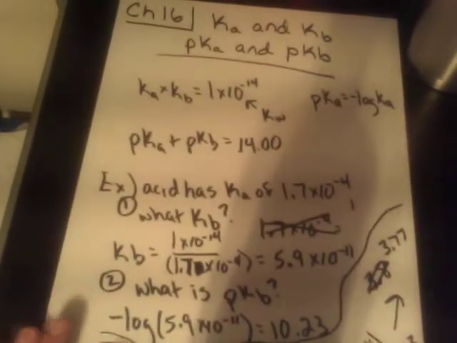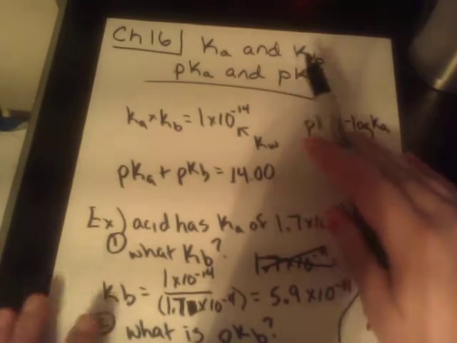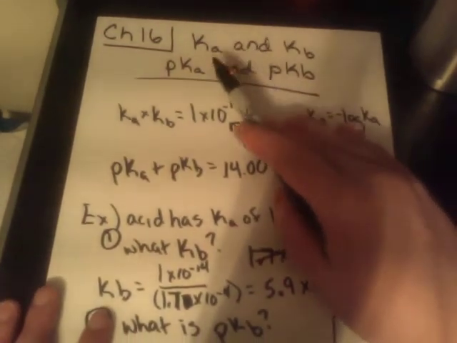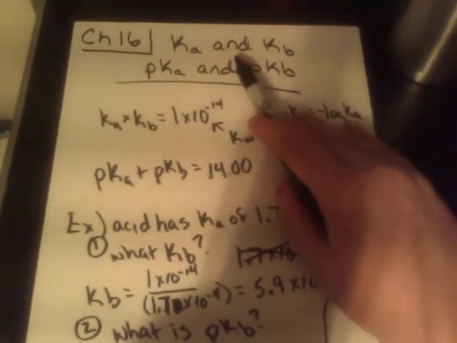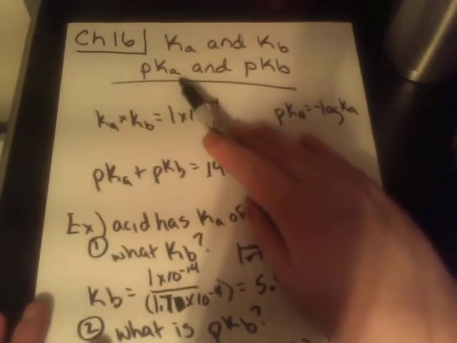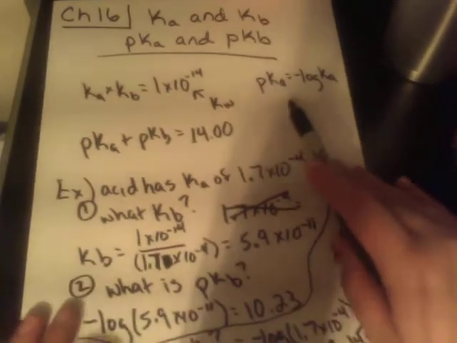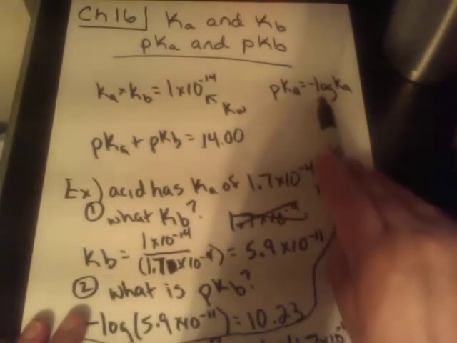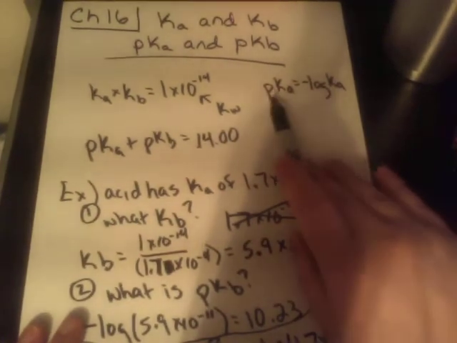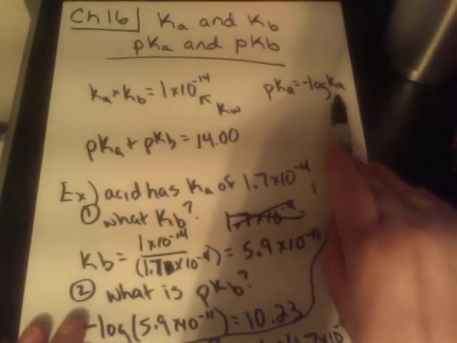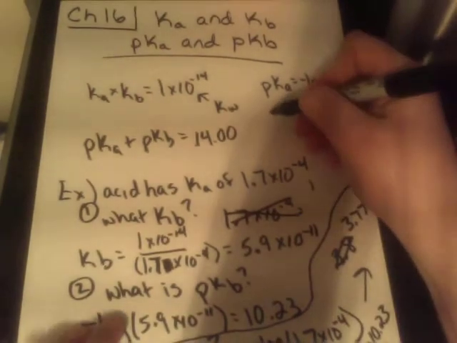Okay, so this should have summed up for you pretty clearly the relationship between K sub A and K sub B, and the relationship between pK sub A and pK sub B. Remember, when you see the little p, all that means is negative log of. So pK sub A is negative log of K sub A. So what is pK sub B?